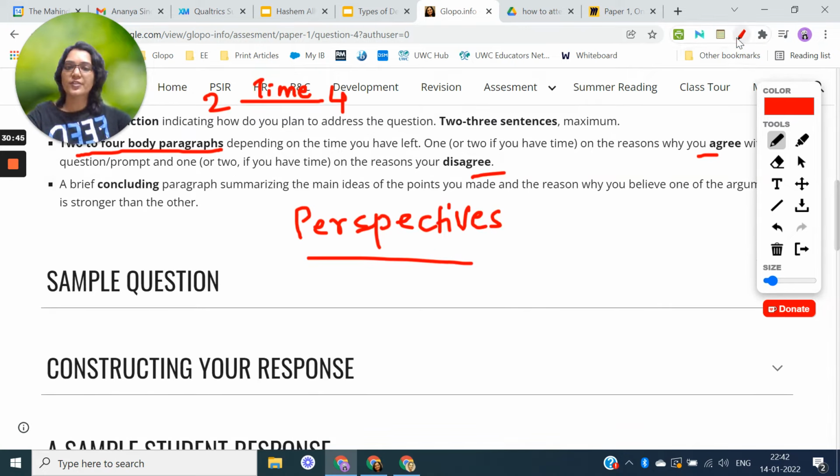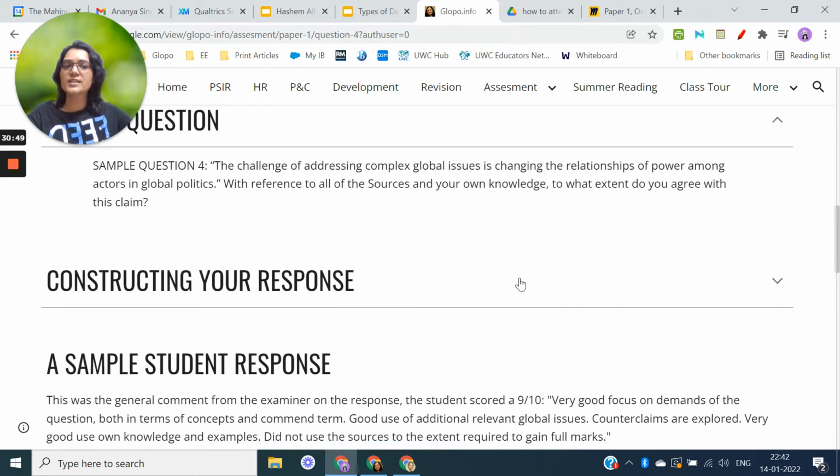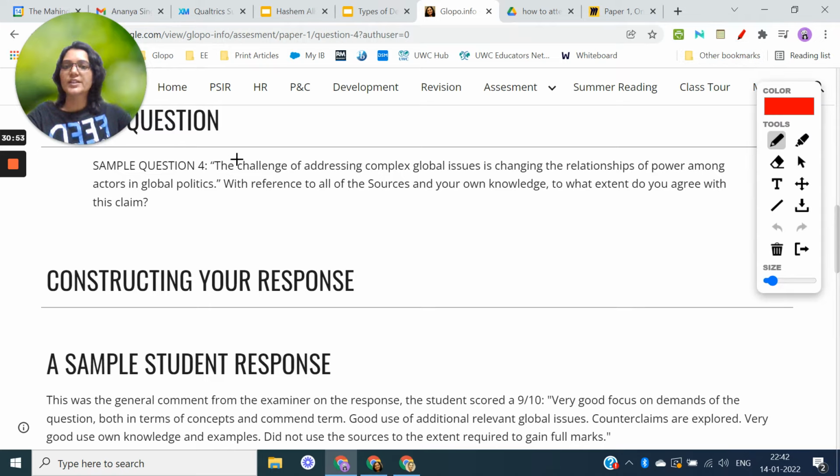So first, let's read the sample question for this one. What is the sample question? The challenge of addressing complex global issues is changing the relationship of power among actors in global politics. With reference to all of the sources and your own knowledge.